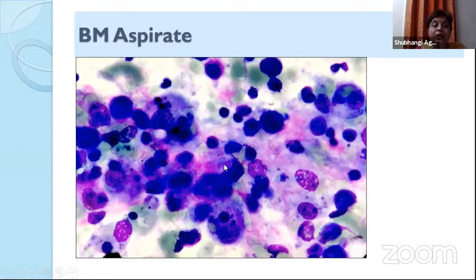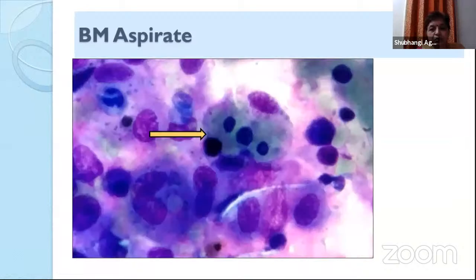Okay. This is the bone marrow aspirate, which is very hypercellular, and these are the erythroid cells, a few of them which are present here, few myeloid cells, and there are large cells here present in clusters and singly scattered. I will go to the high power view. This is the high power view to show you these large cells.